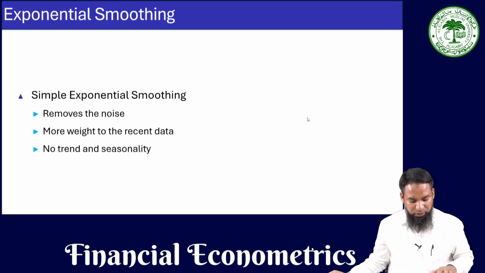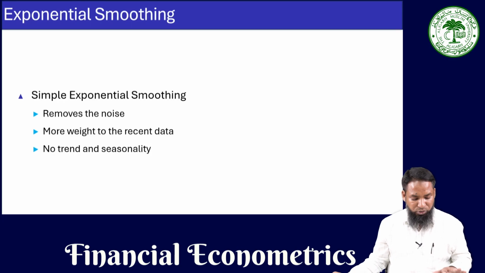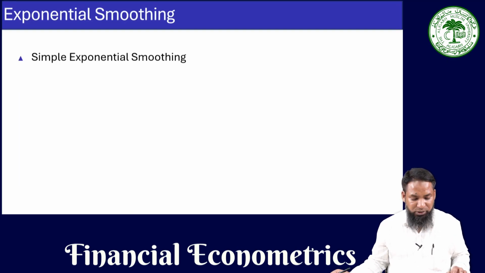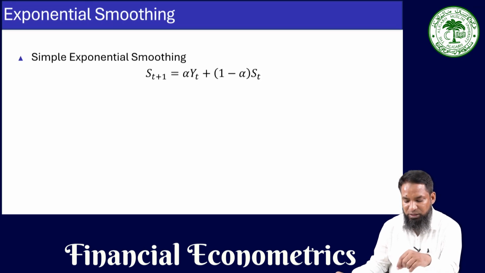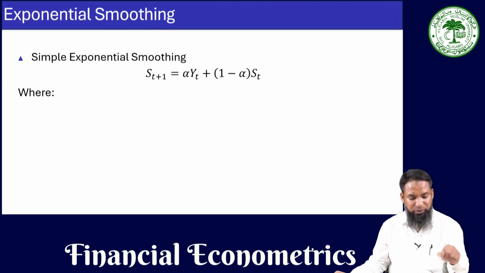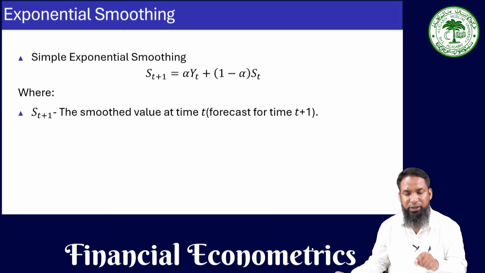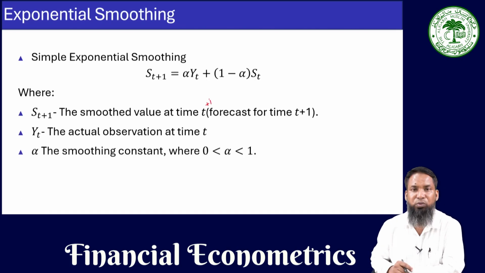However, in the case of simple exponential smoothing, the problem is that it does not take into account the trend or the seasonality. So we can write the simple exponential smoothing like this: s(t+1) = alpha y(t) + (1 - alpha) s(t), where s(t+1) is the smoothed value at time t+1.